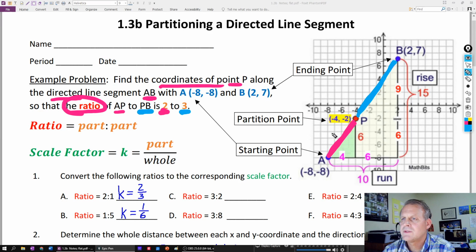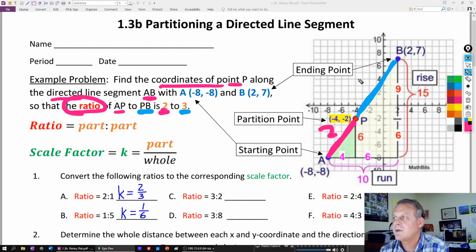In other words, they want us to travel 2 parts with 3 parts remaining.